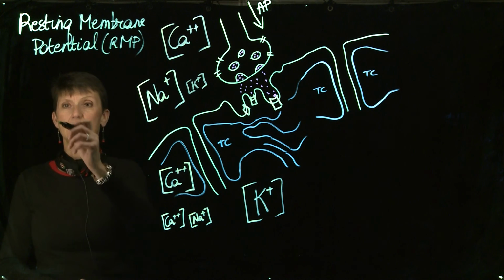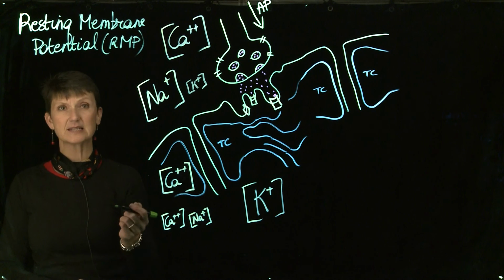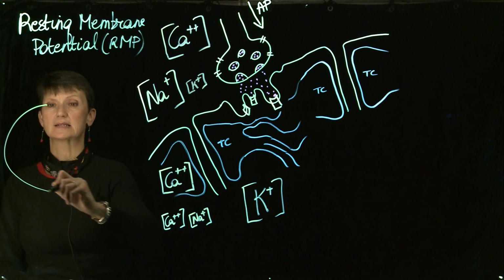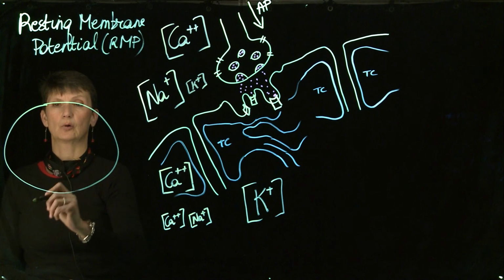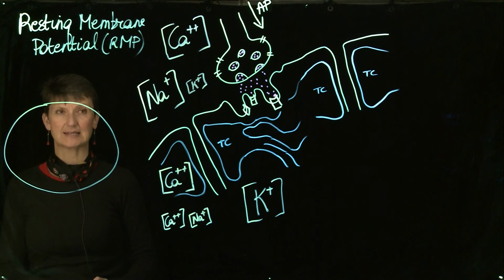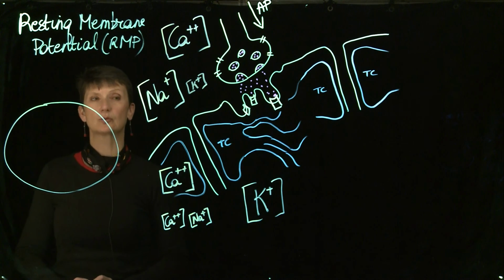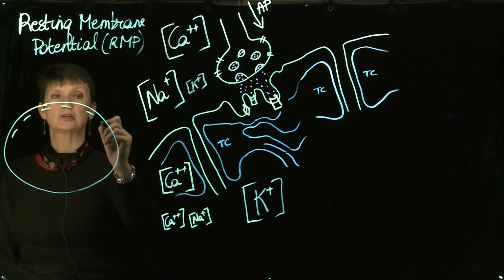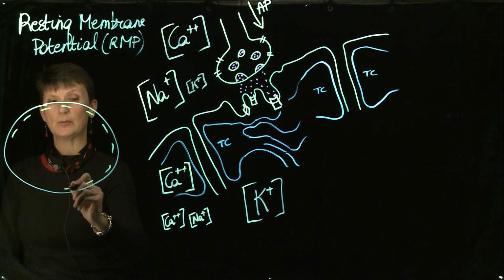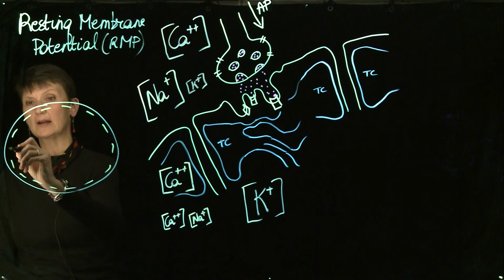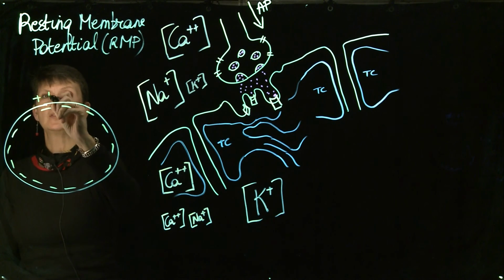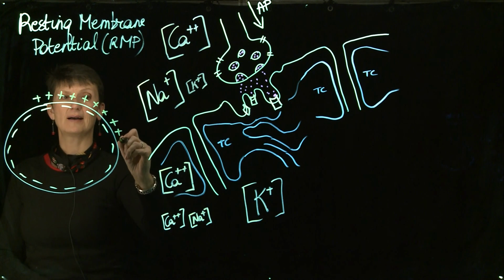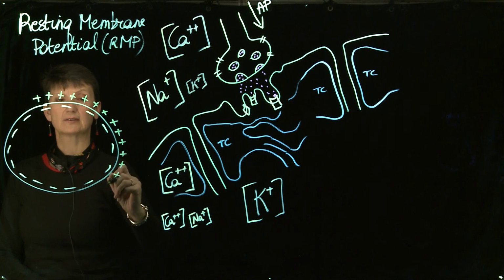Okay, that said, if we look at a cell in the body, it doesn't matter which cell. Every cell in our body is characterized, and I'll just draw a circle, or more or less a circle, to represent a cell, by a distribution of charges right across the cell membrane. So if we look just right across the cell membrane, we see that the inside of the cell membrane is actually less positive compared to the outside.